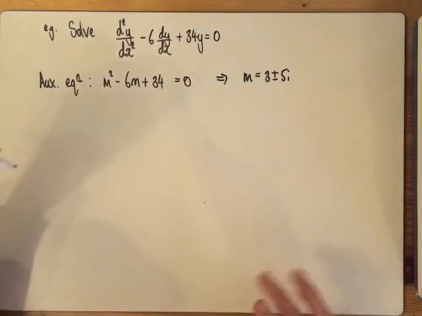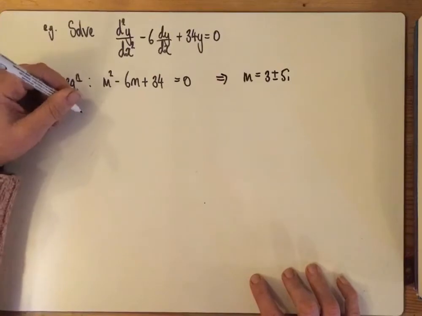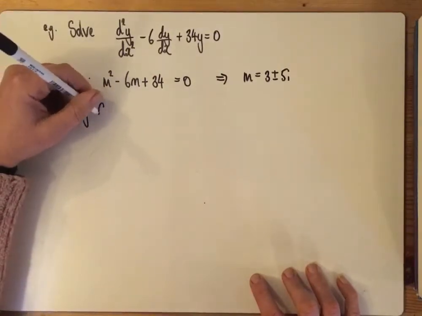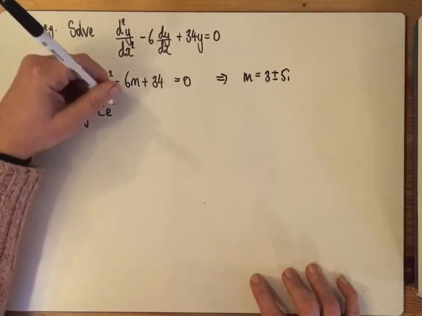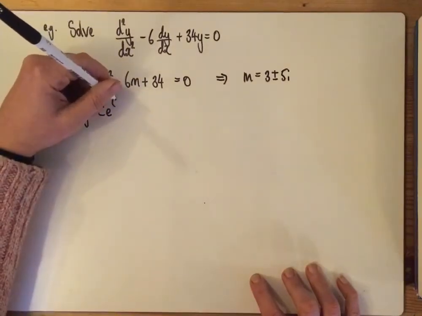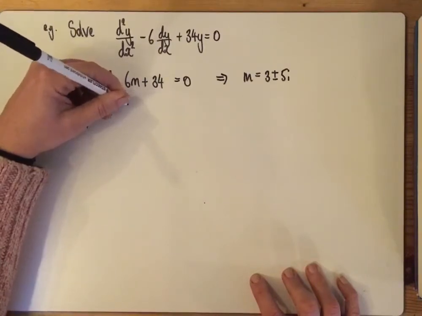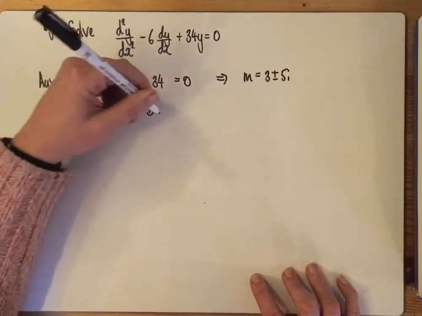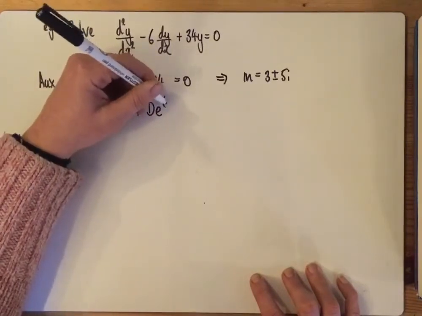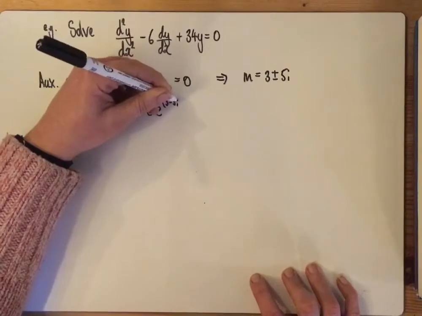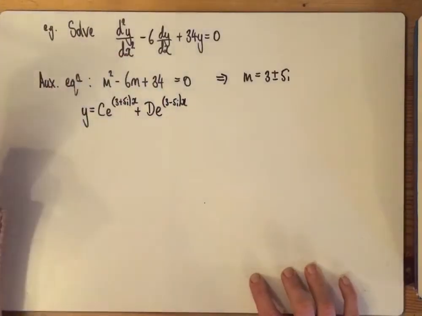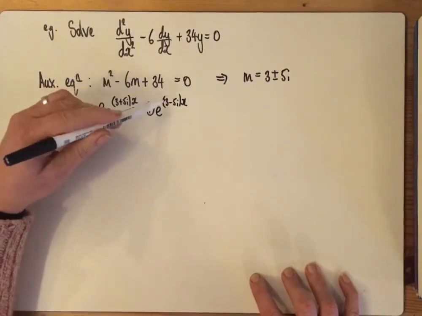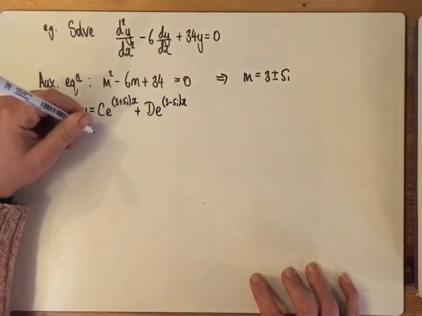So we've got this general form which isn't incorrect, but we're just going to rearrange it into something a little bit more usable. So we've got c e to the (3 plus 5i)x plus d e to the (3 minus 5i)x, and then I can pull e to the 3x out of both of these.